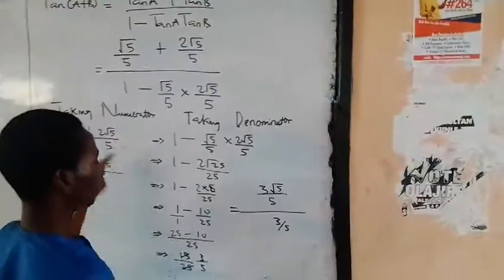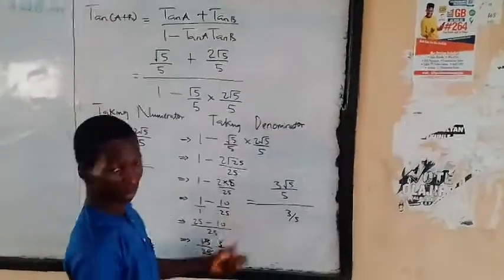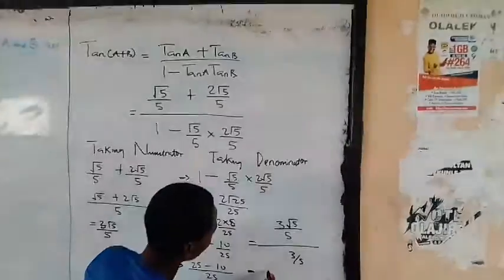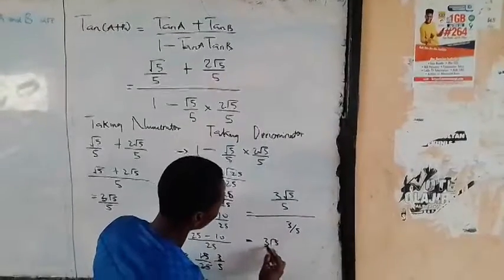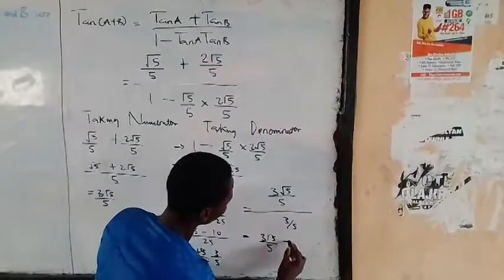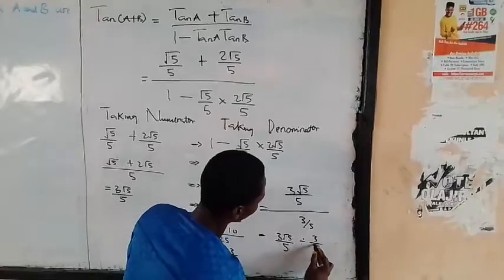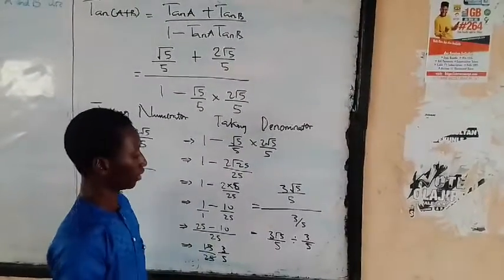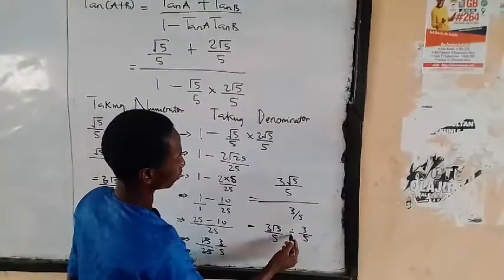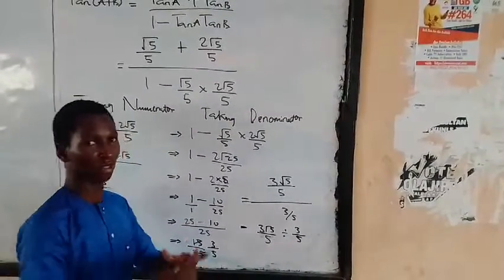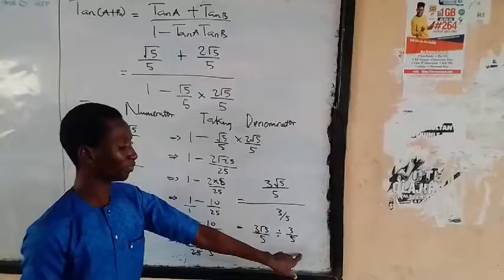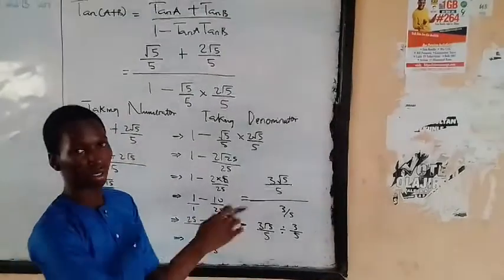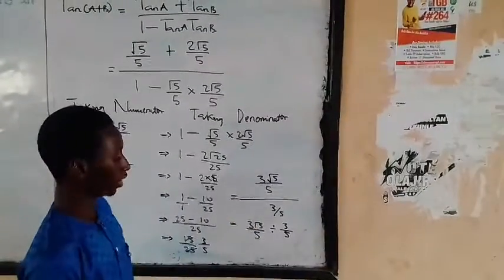Taking both of them together, it can be written as 3 root 5 all over 5 divided by 3 all over 5. And we all know that division normally changes to multiplication, whereby the denominator part is going to go up while the numerator will come down.